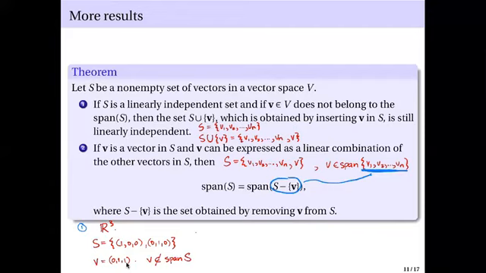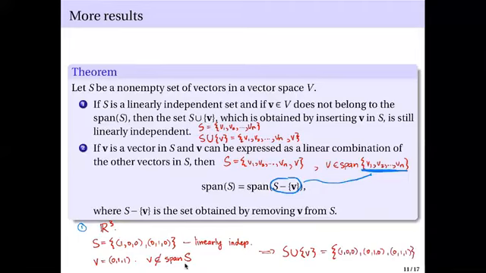Okay? S here, it's a linearly independent set. V does not belong in the span of S. This means that your S union the set containing V, this set, it's just 1, 0, 0, 0, 1, 0, and now with the V, you have 0, 1, 1.